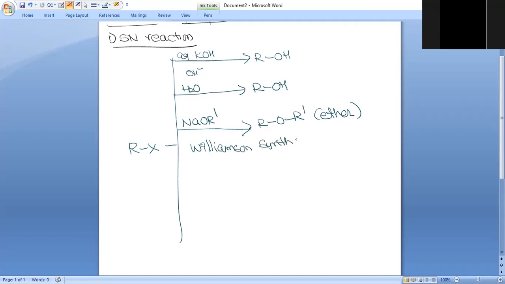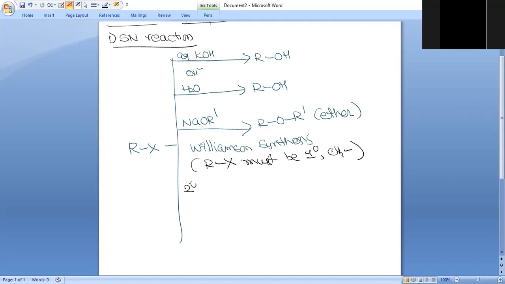Williamson synthesis. What is the condition for the formation of ether? The alkyl halide must be primary or methyl. In that case only will ether formation take place.